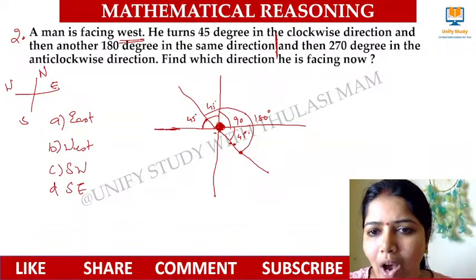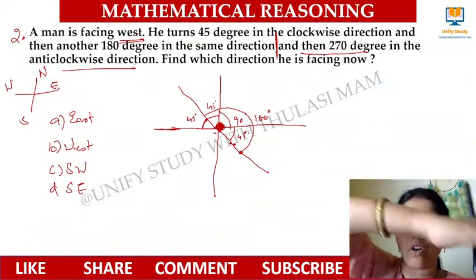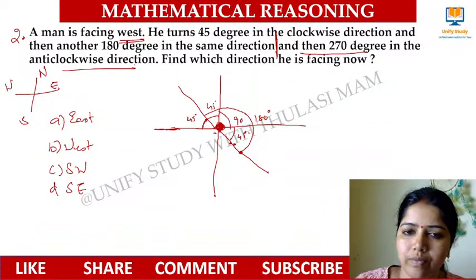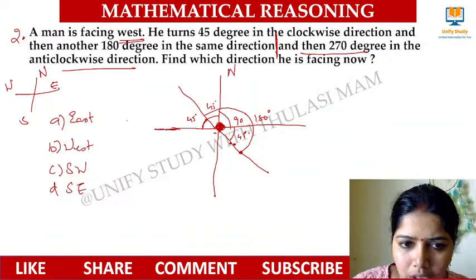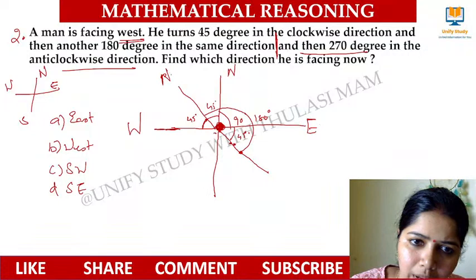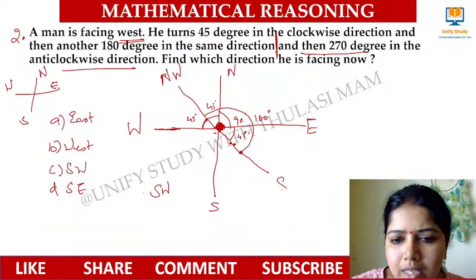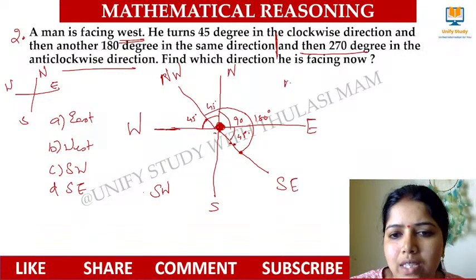You have to decode this line, 270 degrees in the anti-clockwise direction. You have to go in reverse. North, west, east. This is northwest, this is southwest, this is southeast, and this is northeast.